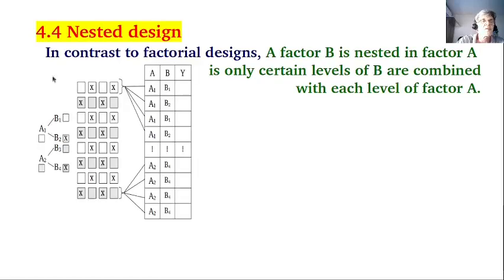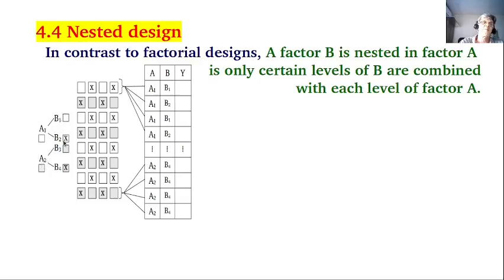So here we see, for instance, within the level A1 of factor A, we have levels B1 and B2 of factor B. Within the level A2 of factor A, we have levels B3 and B4. Notice that we do not have the levels B1 and B2 of the factor B for the other level of factor A, A2.